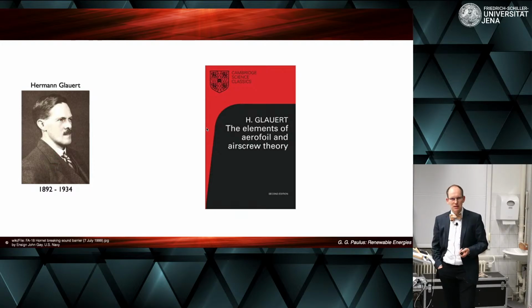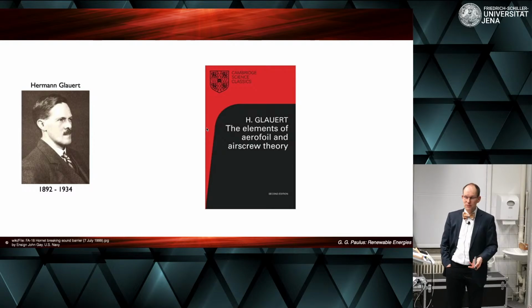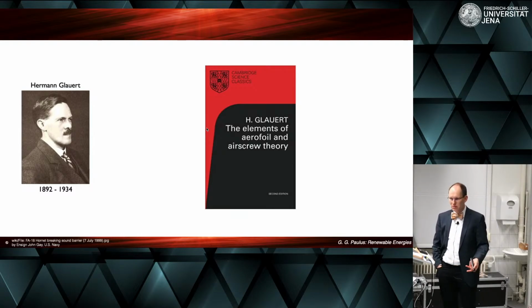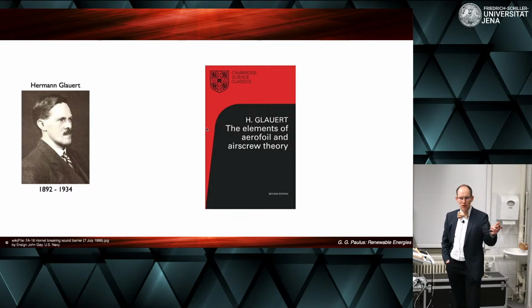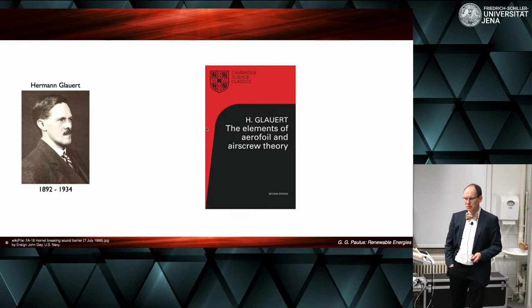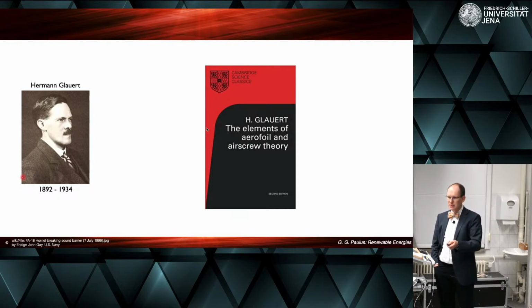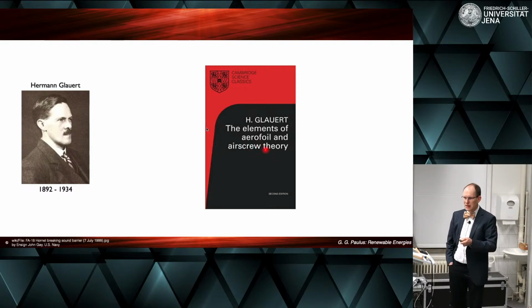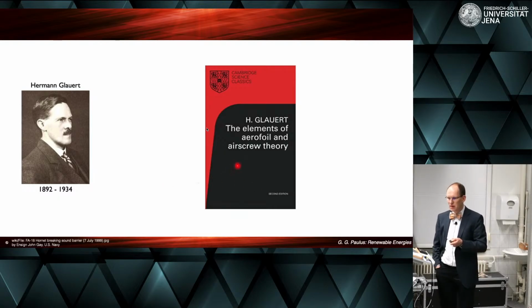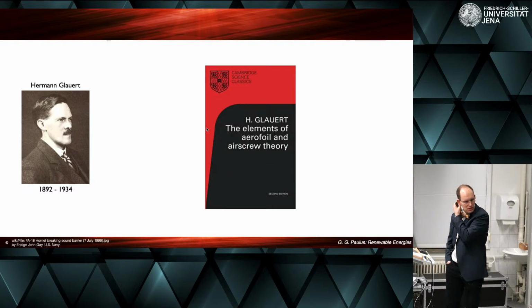He was also a distinguished mathematician, and his brother was also a famous scientist in biology, working in Australia. Hermann Glauert wrote this book, which is still nice to read. I read a few chapters online and then decided to order this book. It's also available in digital form. It doesn't cost much.